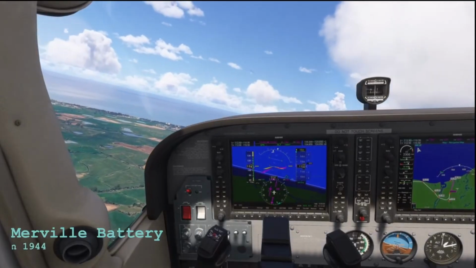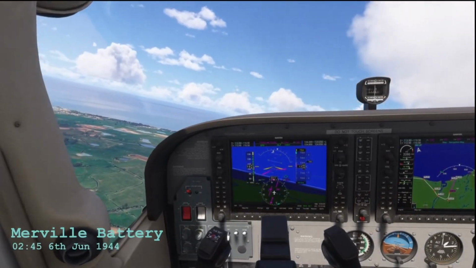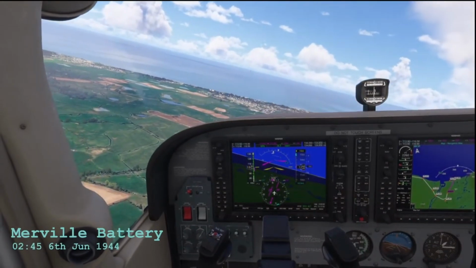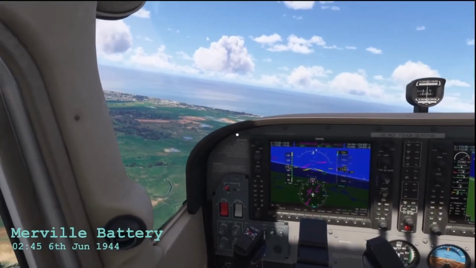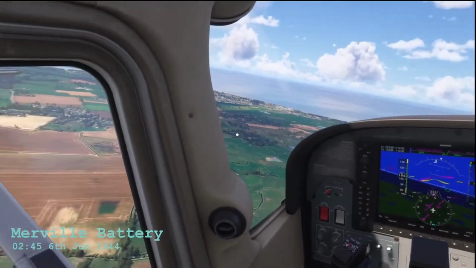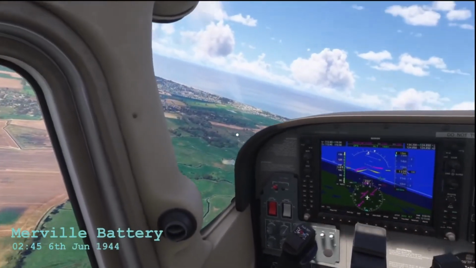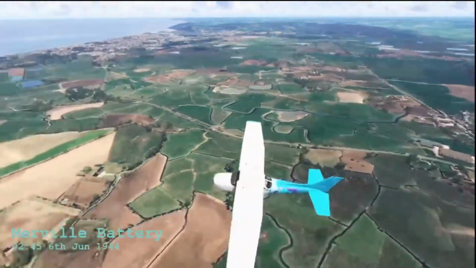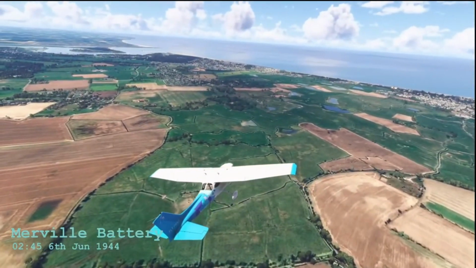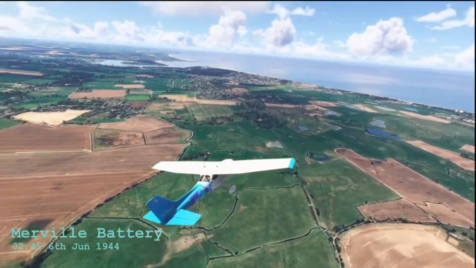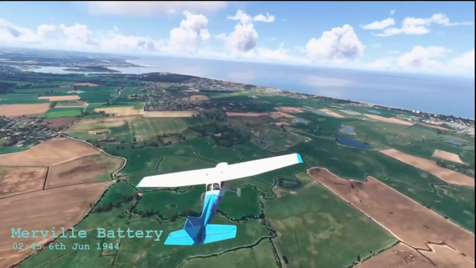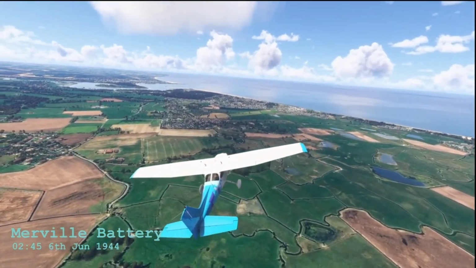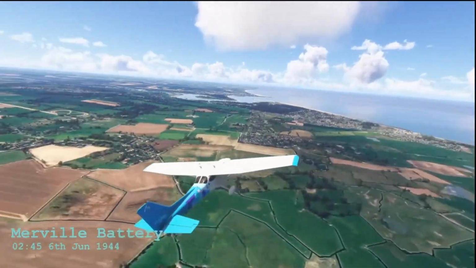So the time and date, we've got to 2:45 in the morning, and we're at the Merville battery. This is an area to the east of the River Orne, which you can see there on the horizon, middle distance.